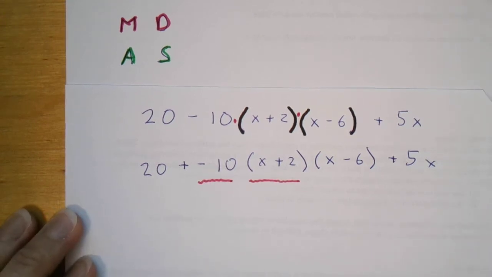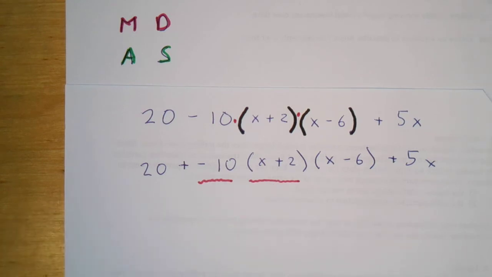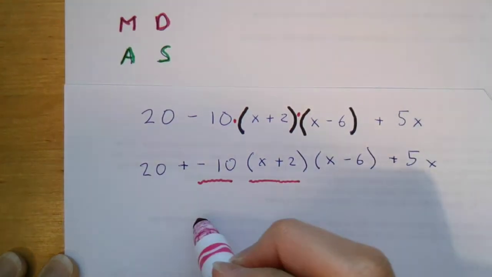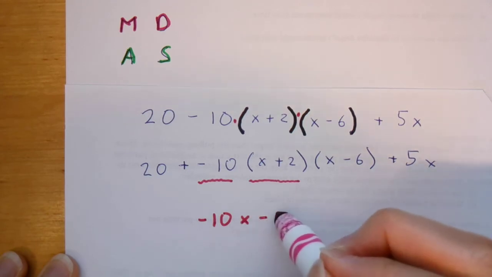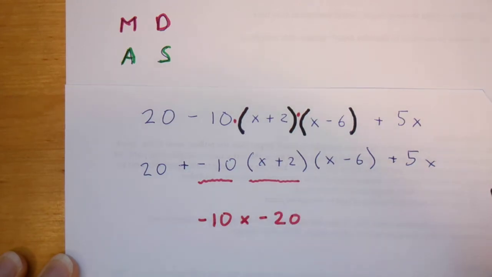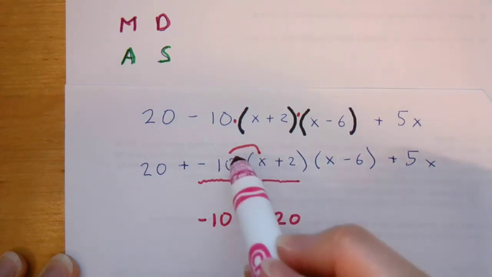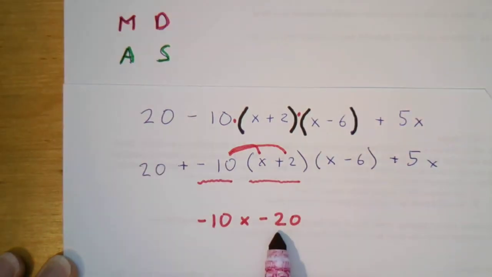Okay, so negative 10 times x plus 2 becomes negative 10x minus 20. I just did negative 10 times x, negative 10 times 2.